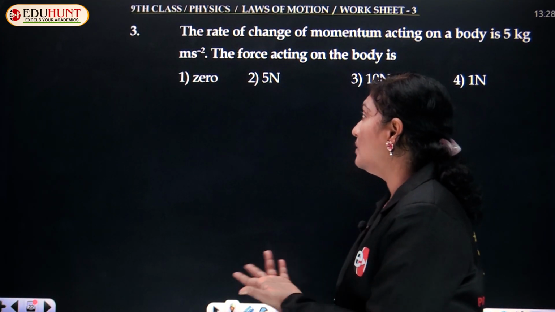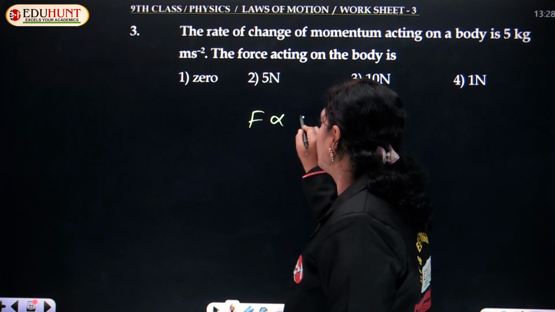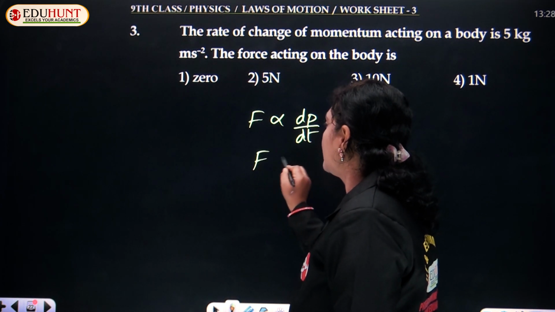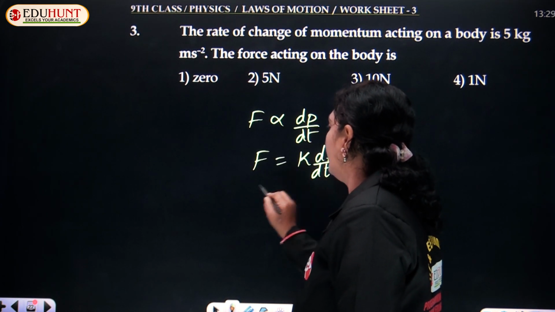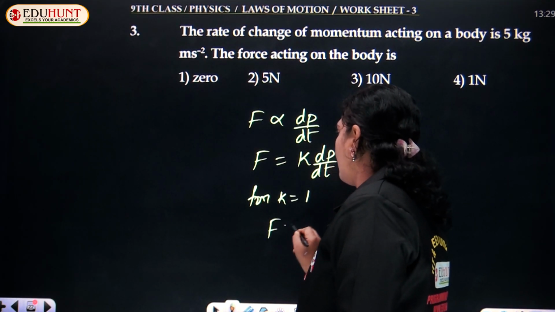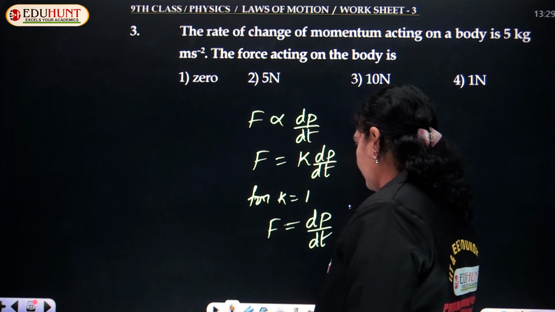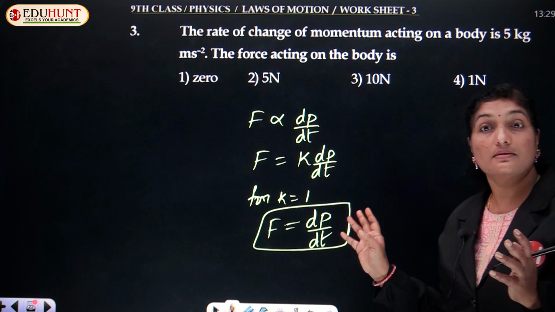So F is proportional to dP by dt, or F equals K times dP by dt. For K equals 1, F equals dP upon dt. So, this was discussed in Newton's second law.